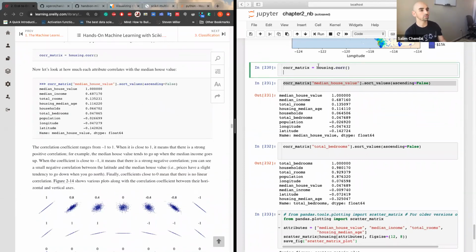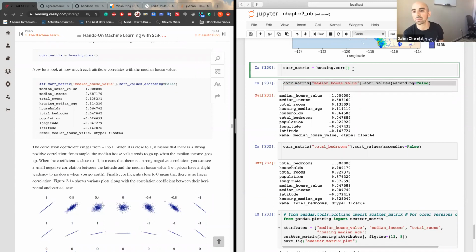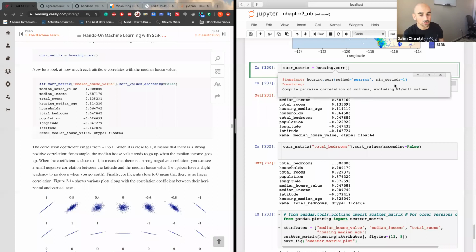By the way, when you would like to look at a function, let's say you copied a function and you're like, oh, what's this function? If you press Shift Tab, it shows you a brief summary about it. Pretty much it shows you what's in the docstring.